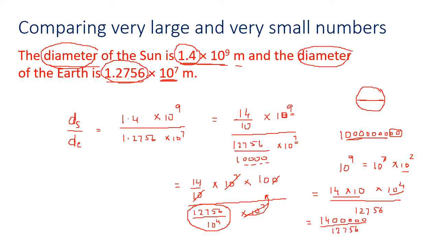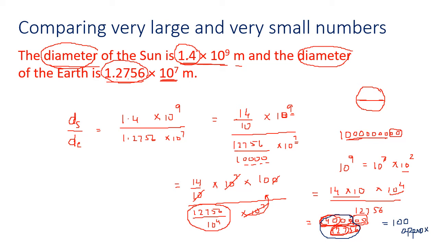Now because we want to approximate, you see this 140 and 127 are mostly equal. So 12,756 can be taken as almost equal to 14,000. So how many zeros are left here? 2. So if we consider that this digit is almost equal and it becomes 1, then we get 100 approx.